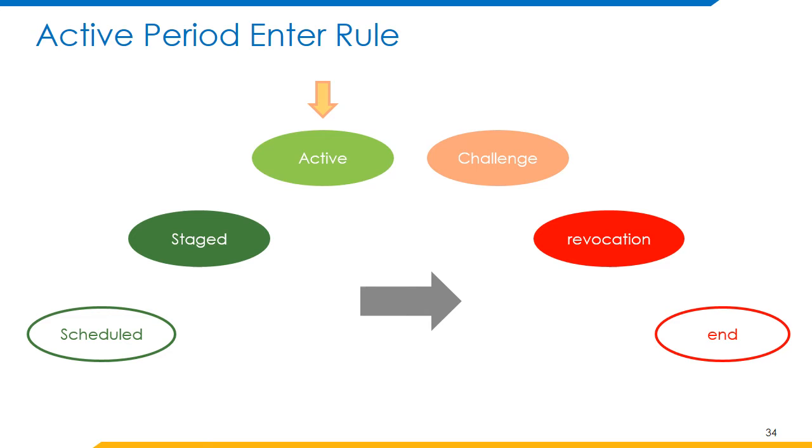So this rule shall have common inputs and common outputs. The inputs to this rule are certification, which represents the current certification, certification item, which represents the specific certification item that is under consideration, the name of the current phase, and the name of the next phase.